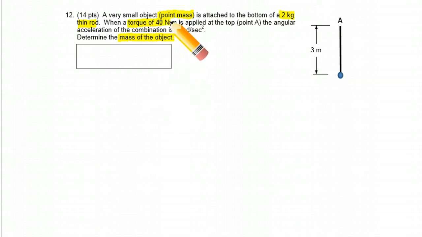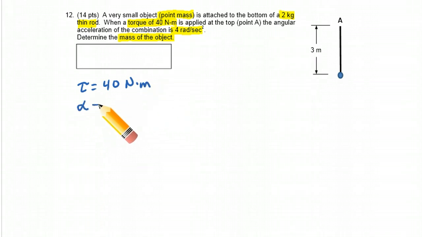We're given that a torque of 40 newtons is applied to the combination, and the angular acceleration is that value. Alright, so we'll have a torque, 40 newton meters, and we'll have an angular acceleration, which we called alpha, of 4 radians per second squared.